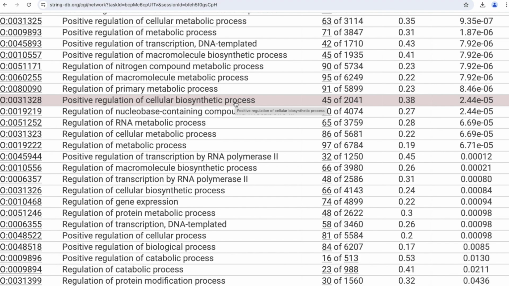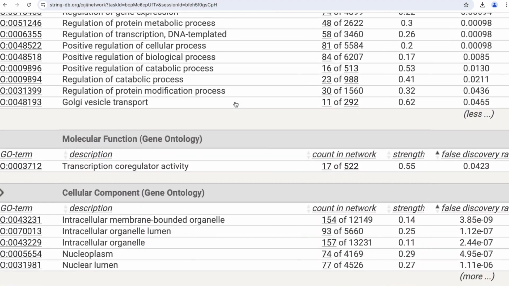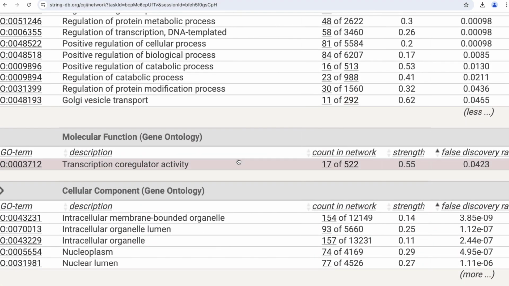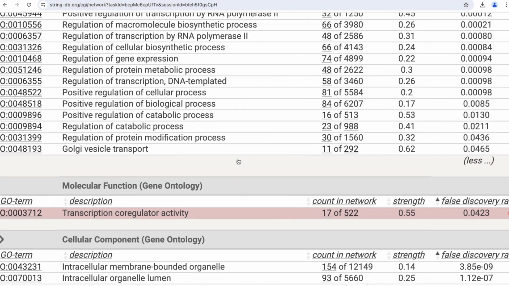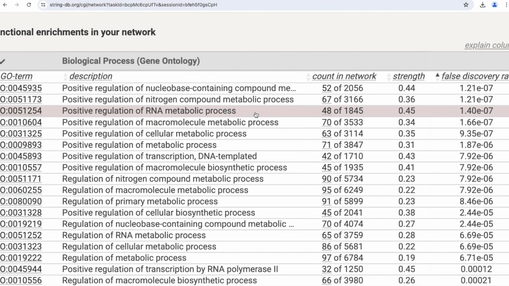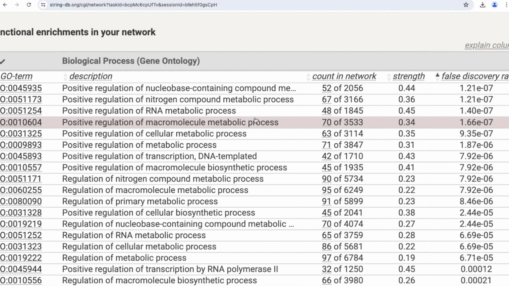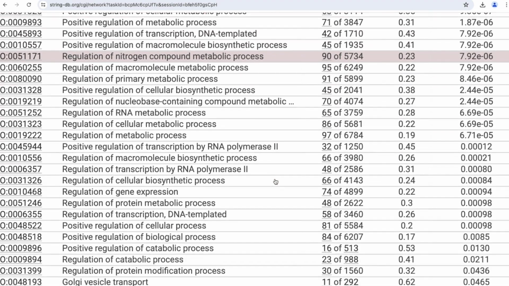Which makes sense. If a cell divides, you're typically going to speed up your metabolic process. So, I mean, this might be something we can go down here. Molecular function, most of these are transcription co-regulator activity. So I would say a lot of these, we can color that, are involved in transcription. I'm also going to color the metabolic process. Positive regulation of macro-metabolic process.